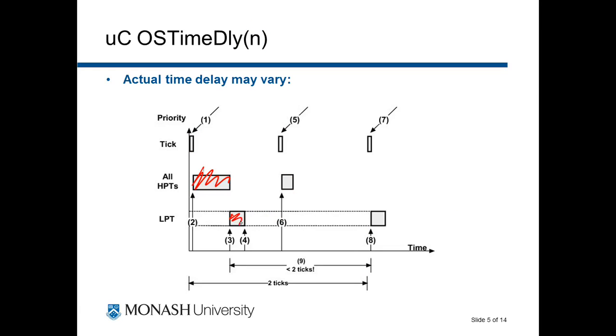So this low priority task started here, and then called the OS time delay 2. It joins the ready queue here, but at this point you run several high priority tasks, then it enters at this point in time.